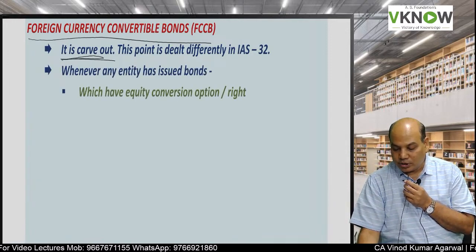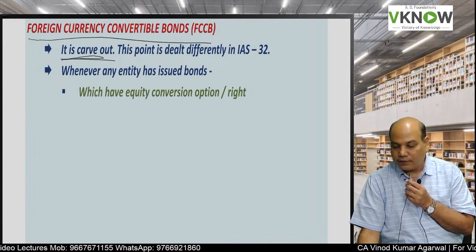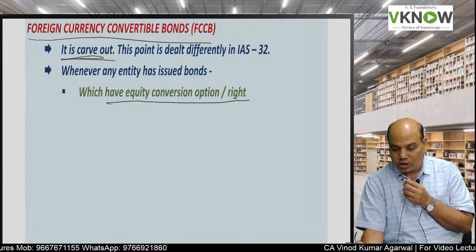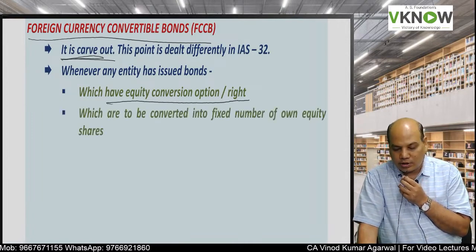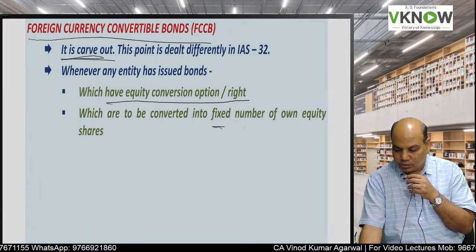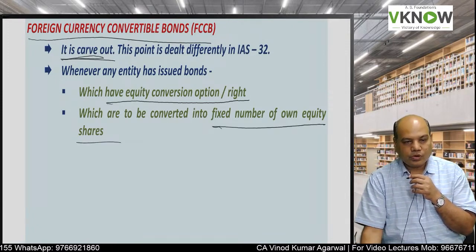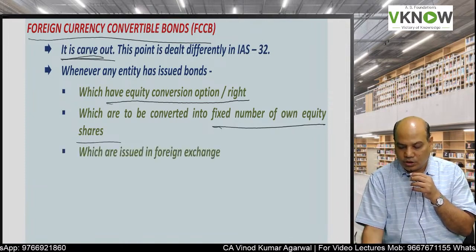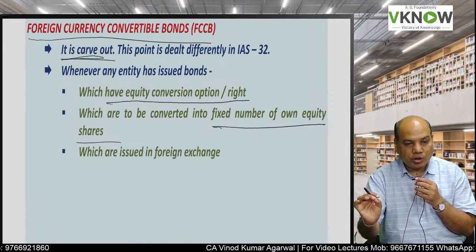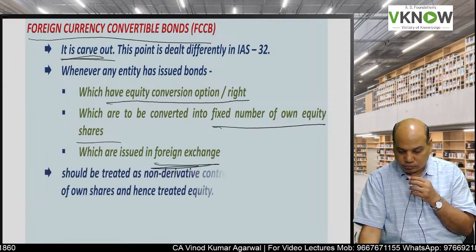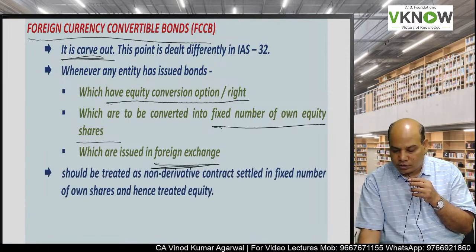Now whenever a company issues a bond which is a foreign currency convertible bond, there is an equity conversion option or right. That means the holder will get a fixed number of own equity shares, and these bonds were issued in foreign exchange.